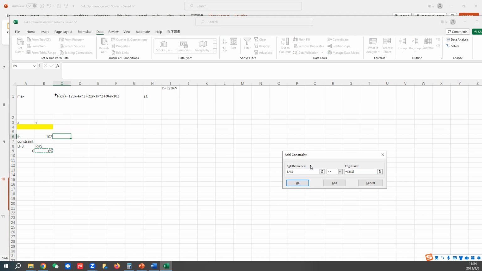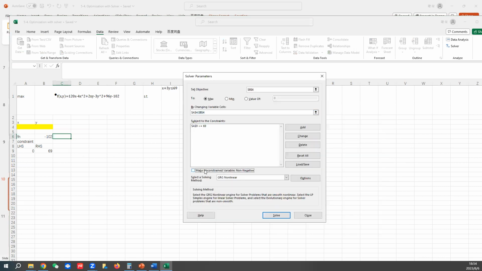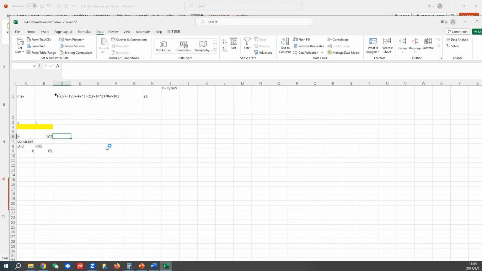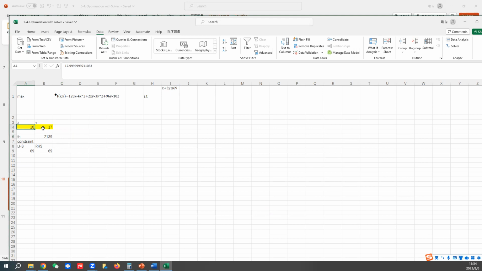You can manually key in 96, or you can just click on the cell too. Here we relax the constraint because there is no requirement that x and y have to be positive. And we let it solve. We have x equals 18, y equals 17.